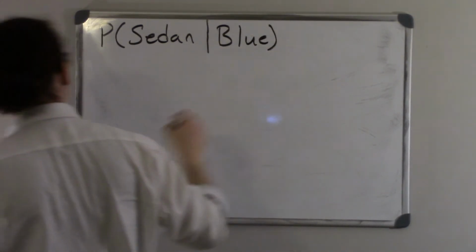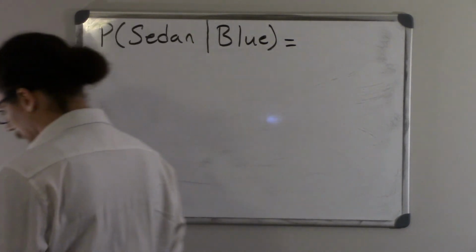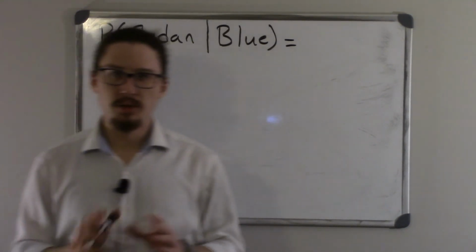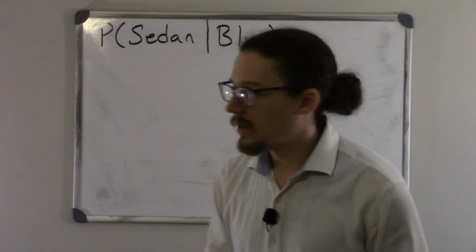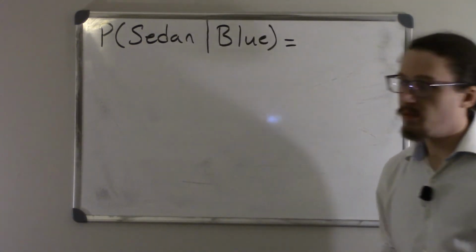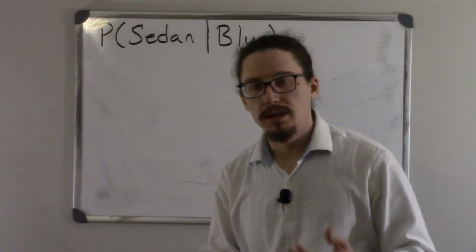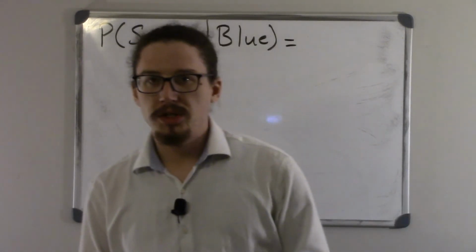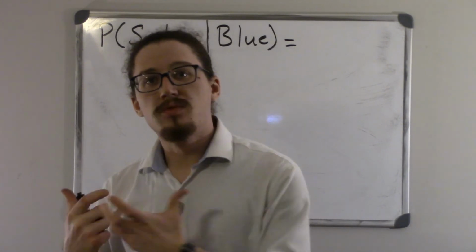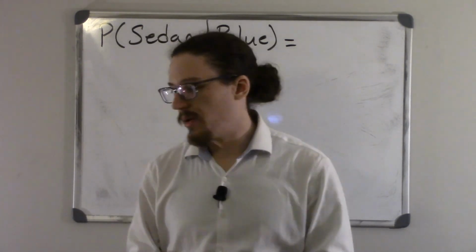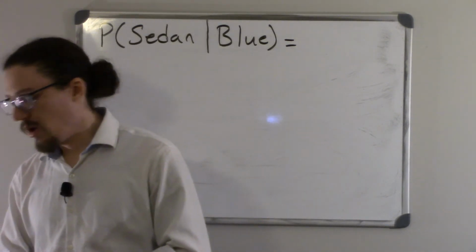So, the probability of sedan given blue. I think this is where the joint distribution table is really helpful, because if you recall, when we were talking about conditional probabilities in the last video, I mentioned that what we're doing essentially is just shrinking the sample space.